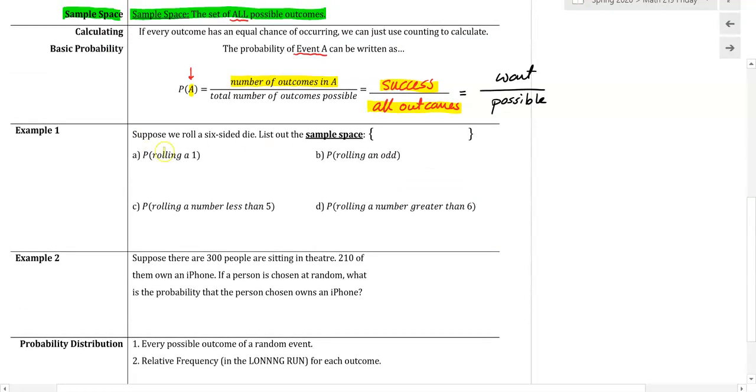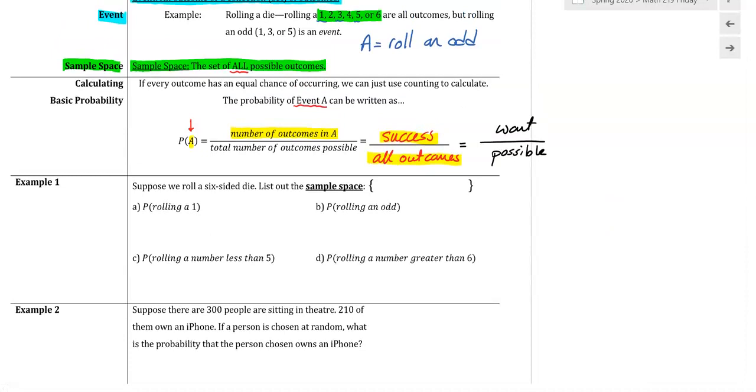All right, so let's take a look at a basic example. It says, suppose we roll a 6-sided die. List out the sample space. Well, again, we said when you roll a die, the only numbers that can come up on that die are 1, 2, 3, 4, 5, or 6. That's it, right? That's the sample space. That's every possible outcome that can happen. So if I want to calculate the probability of rolling a 1, there's my event, rolling a 1.